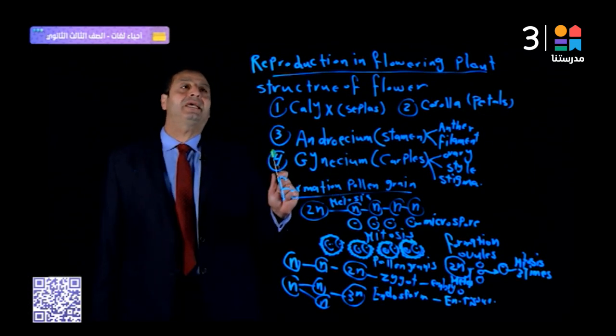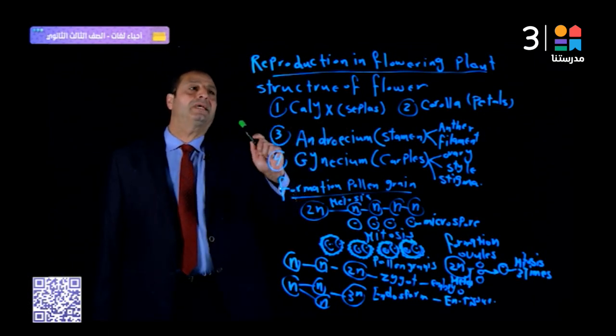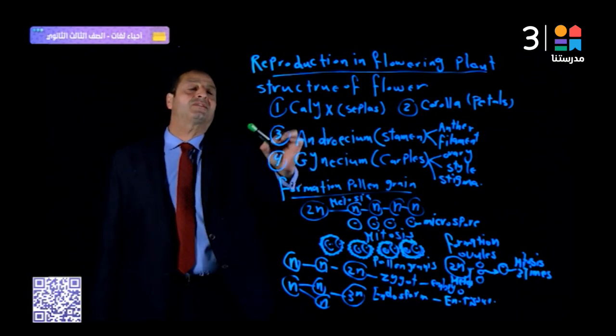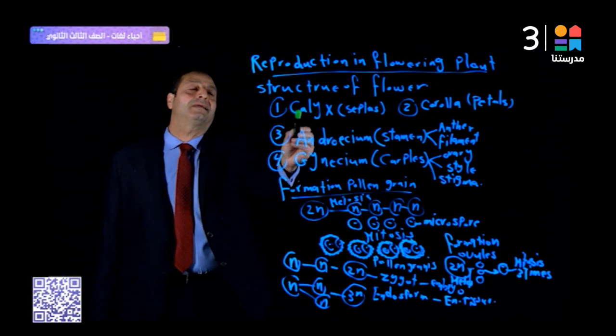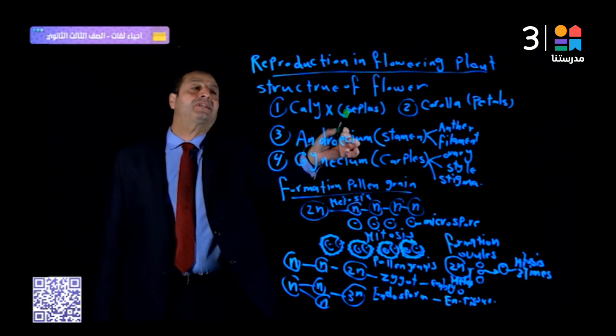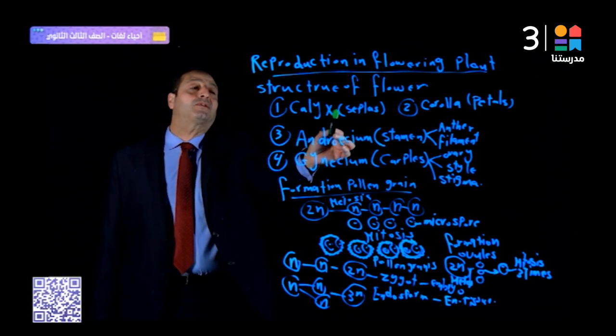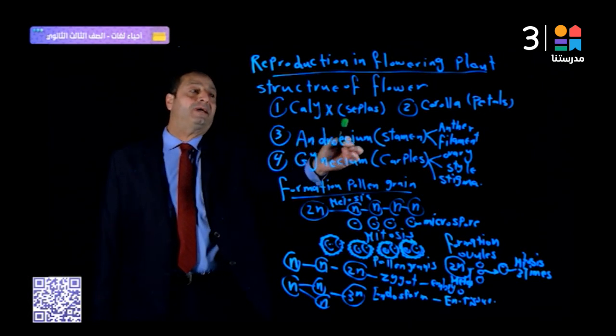It's called angiosperm. Okay? Structure of the flower. What is the meaning of the flower? A short stem whose leaves are modified into reproductive organs. What is the structure of the flower? Number 1, calyx. It consists of units called sepals. The calyx plays an important role in protecting the flower before blooming.